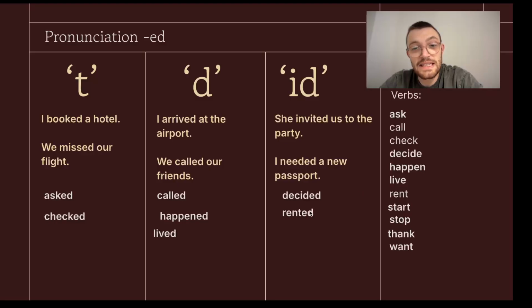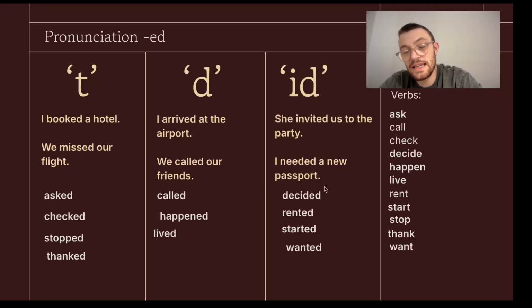Rent, rented. Start, started. Stop, stopped. Thank, thanked. Want, wanted. Now you'll see if they end in a T or a D, then it becomes an id sound. If you've got a k or a p, you've got a plosive sound, then it's going to become a t sound at the end. And then the other ones will be a d sound.